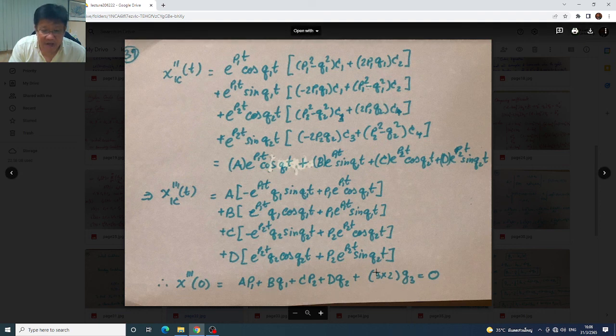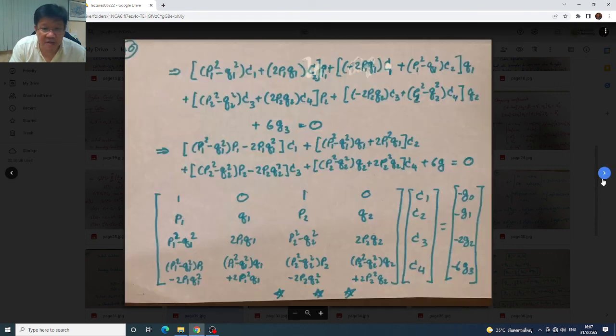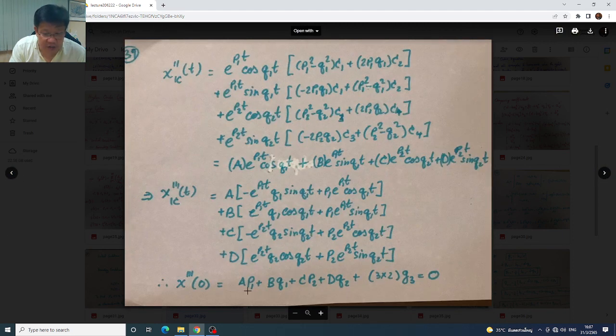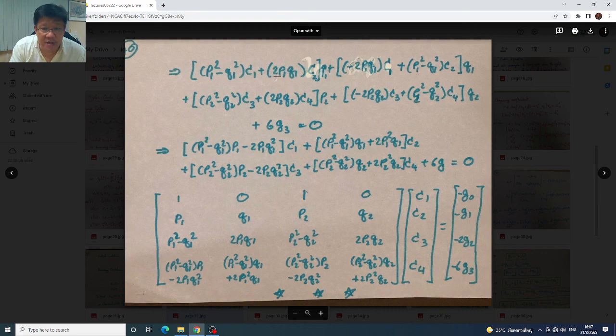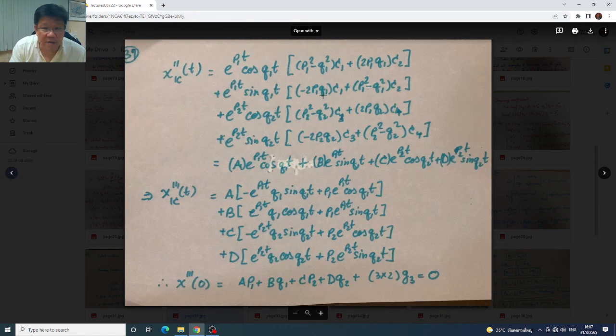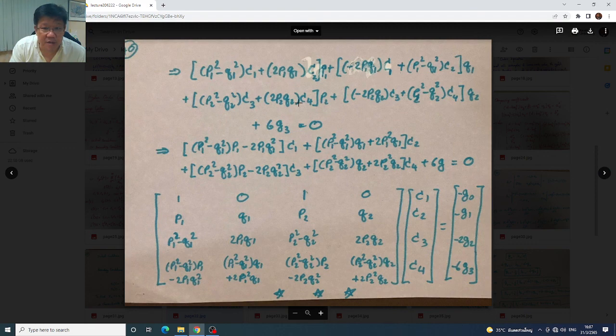Certainly this becomes 3 times 2 g3, for the third order of the particular solution. So this becomes the last piece of information, and then you go back, once you know this is A, B, C, D. You bring A, B, C, D back and substitute it here over here. This is the term A, term B, C, D, E.